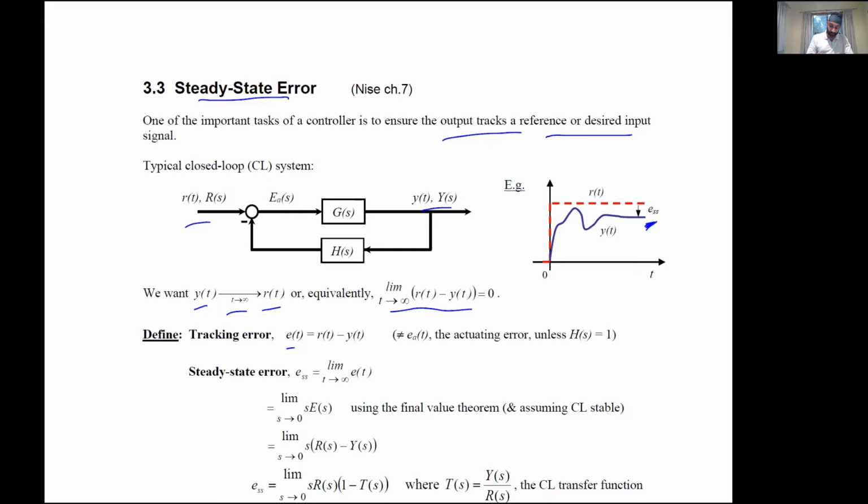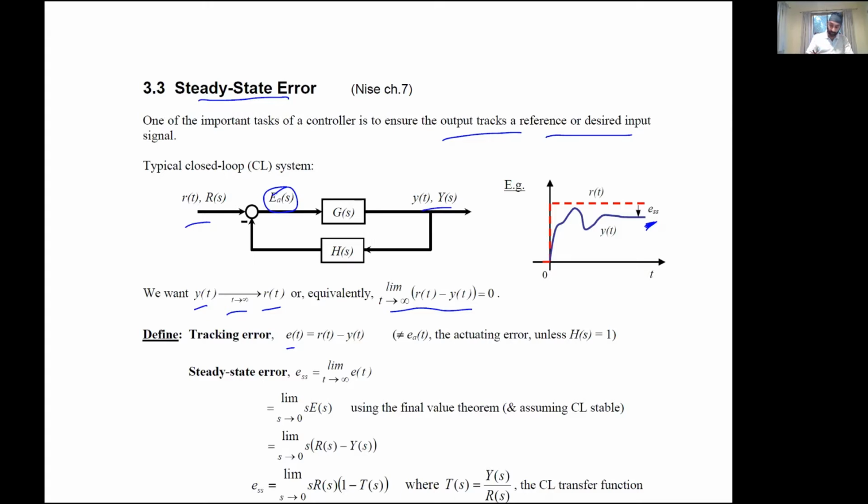Notice over here that this E should not be confused with this E_a, which you get in the feedback system. If your Y is measured through a sensor which has a transfer function with some of its own dynamics, then this signal is not going to be the same as the tracking error.